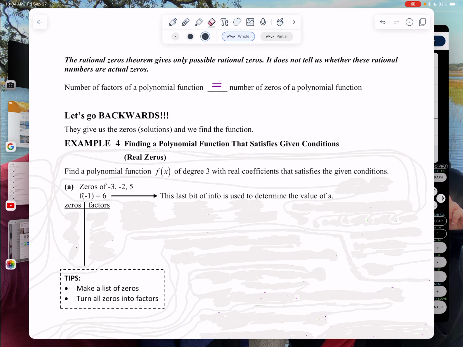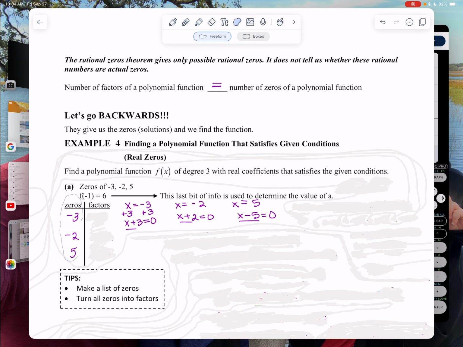So I'm going to start off by listing my zeros. I find that this is the easiest. I make a little chart. So here are the zeros that they gave me. Then I use that zero: x equals negative 3, I add 3 to both sides, and that gives me this.